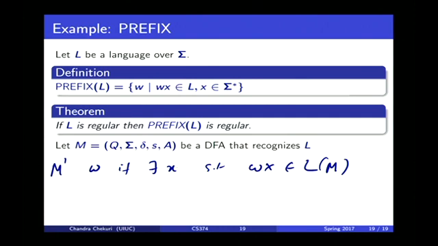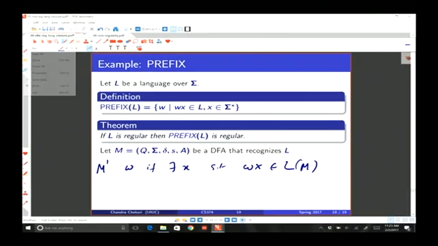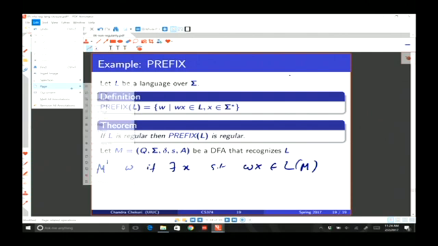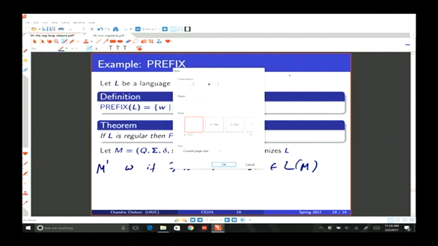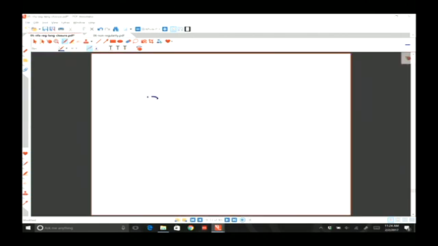Suppose this is my start state of the original M. There is some state like this, and there is some other state.